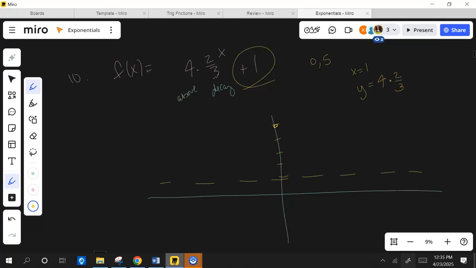Okay, 1. 4 times 2/3 plus 1, that would be 8/3 plus 1, which would be 11/3, which is 3 and 2/3. Because this is 3 over 3. I didn't want to take out a calculator or anything.